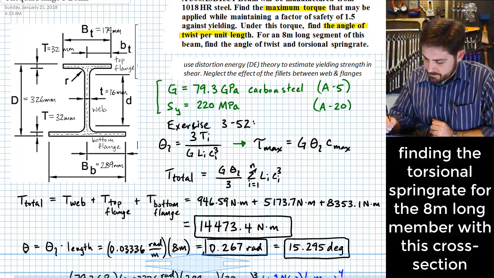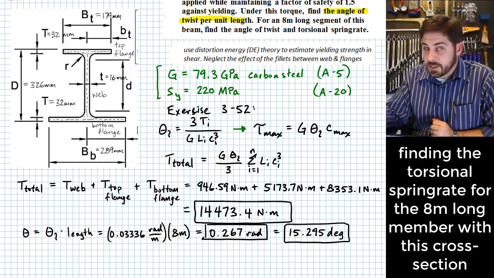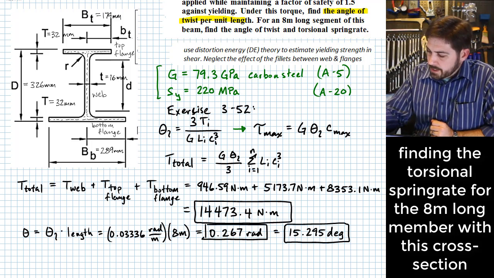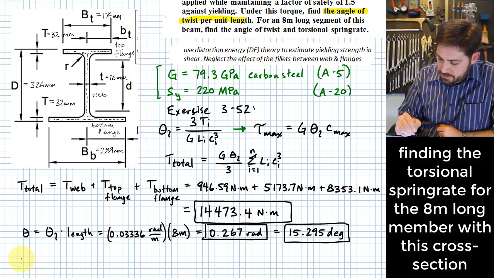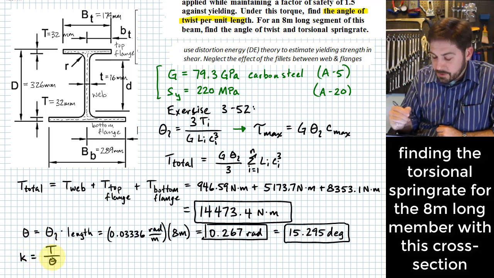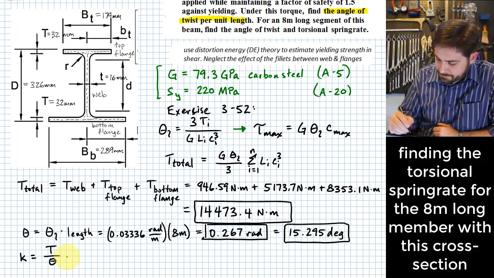All right, and we're almost there, because the last thing we want to do here is to figure out what the torsional spring rate is. Torsional spring rate is not complicated. The torsional spring rate is defined as the amount of torque you apply over the amount of angle of twist that results.